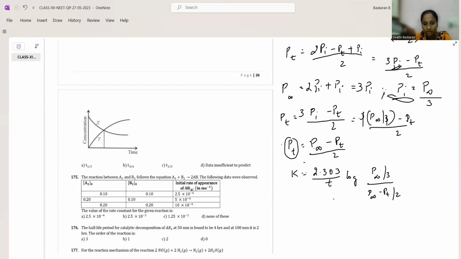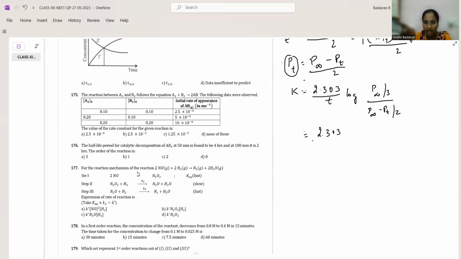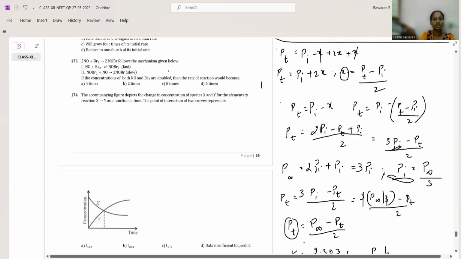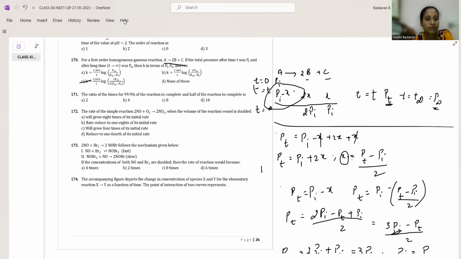And if you rearrange, you will get K is equal to 2.303 divided by t log 2P infinity divided by 3 into P infinity minus Pt. Now let us have a look at which option is correct based on this. Option C is correct.